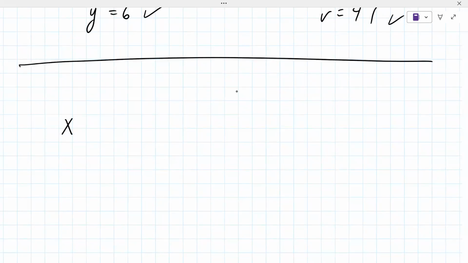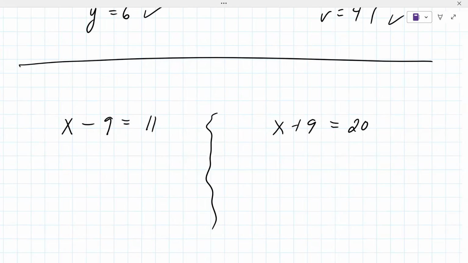Let's say it's X minus 9 equals 11. And X plus 9 equals 20. Look at the side with the variable. How do you undo subtraction by 9? For number 1, I got X equals 20.